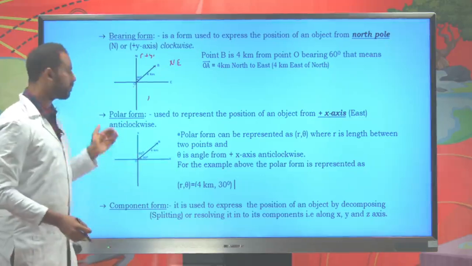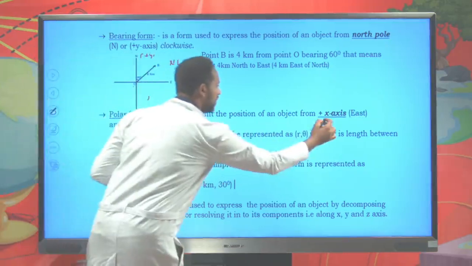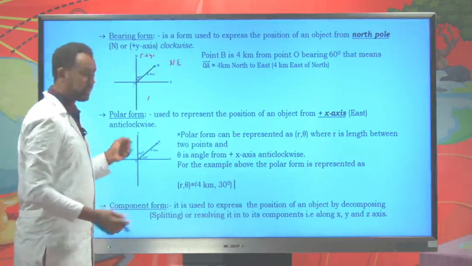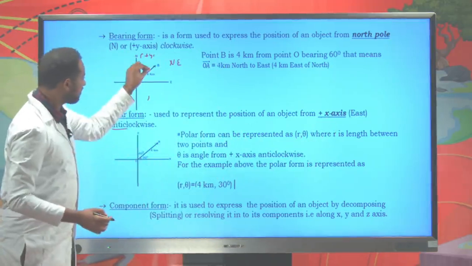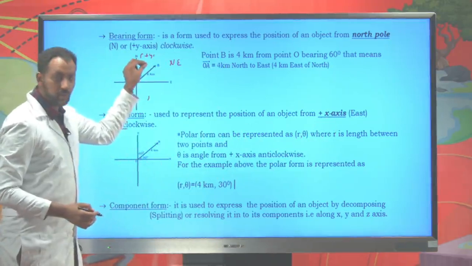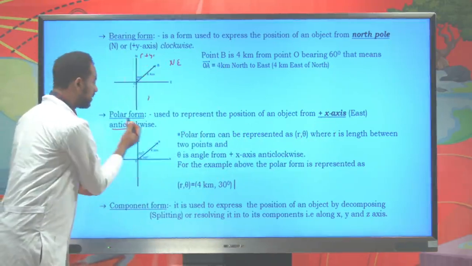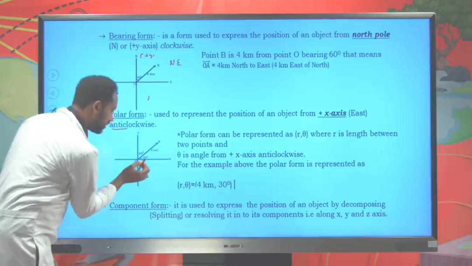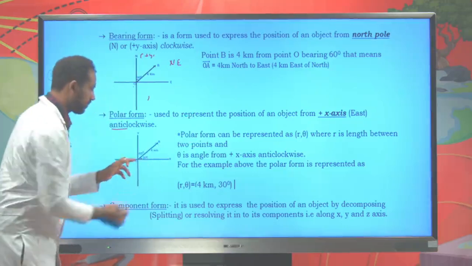The other technique is polar form. Polar form is used to represent the position of an object from the positive x-axis, or we call it east, and it should be anti-clockwise. Here the same point B can be represented using polar form. It is 60 degrees from north, but we count in polar form from the east direction, the positive x-axis. Therefore, this should be the complementary angle, 30 degrees.